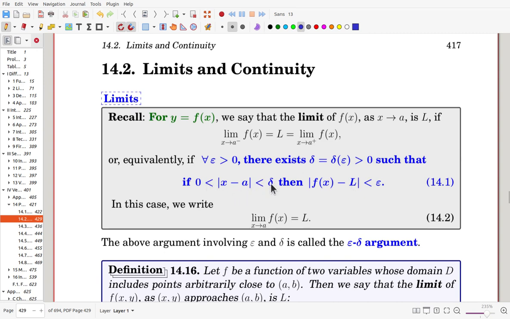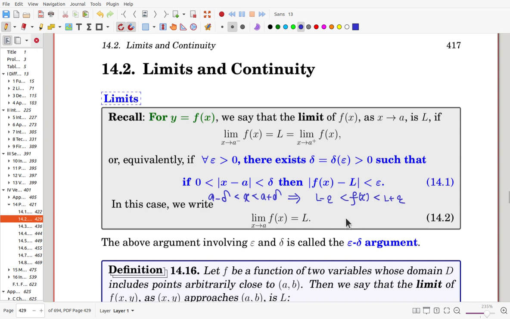We can rewrite this in this way. That is, if x is between a minus delta and a plus delta, then f of x is between L minus epsilon and L plus epsilon.